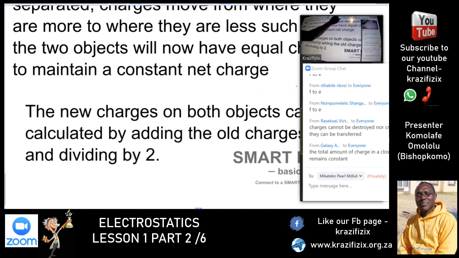We then say Q new will be equal to Q1 plus Q2 over 2.